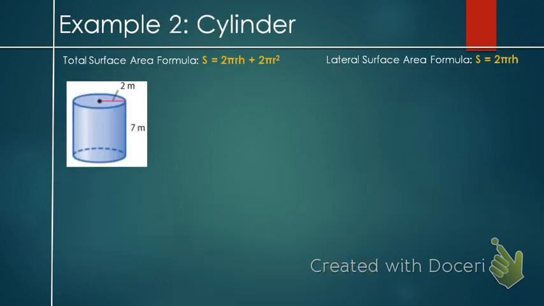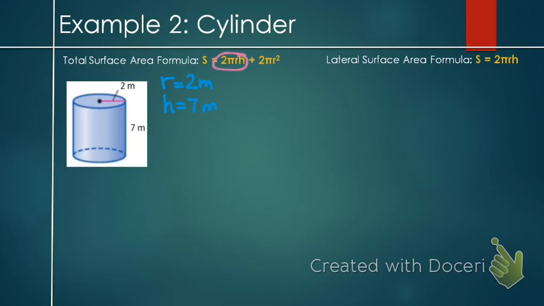Okay, our next shape is the cylinder. Here we know that our radius is 2 and our height is 7. So we're going to do the first part of the formula first.